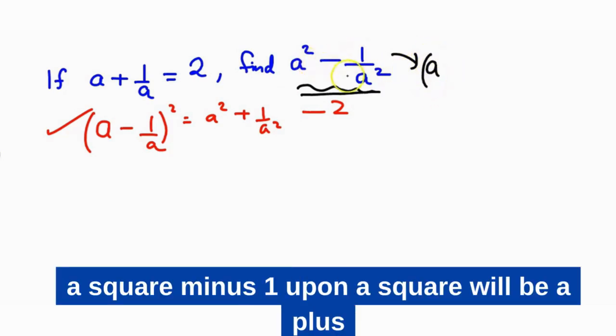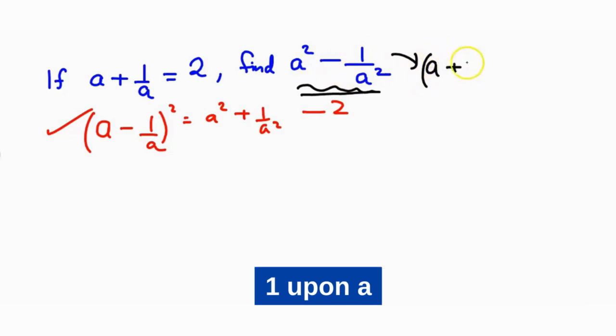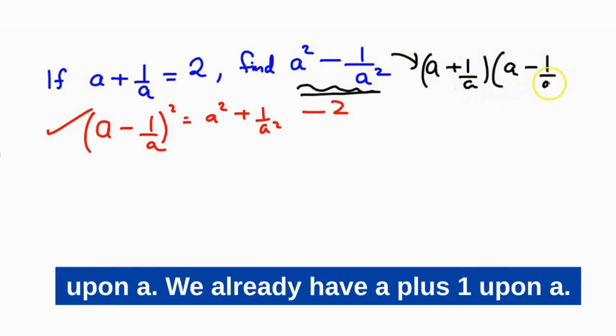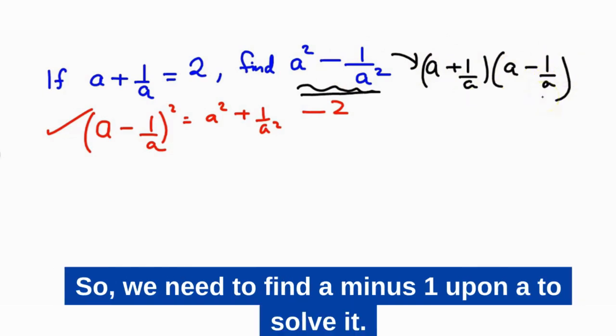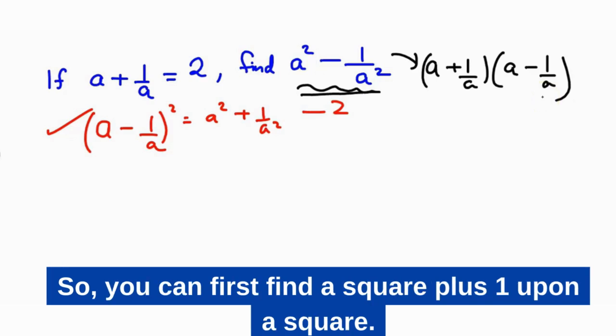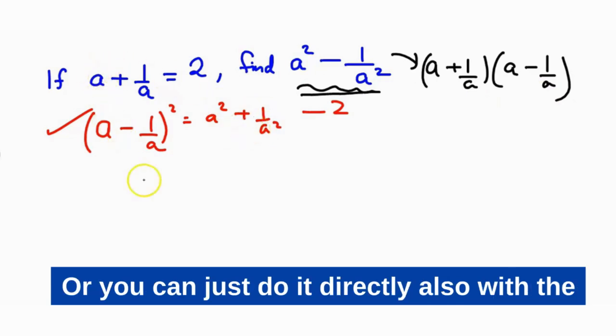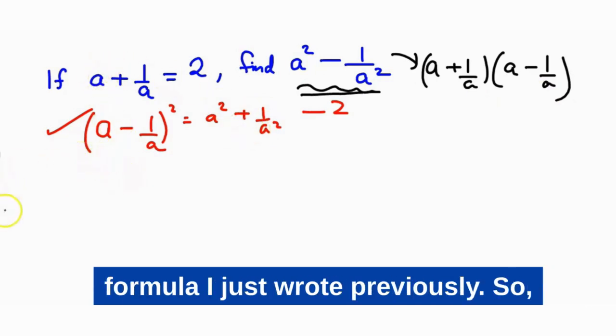So A square minus 1 upon A square will be A plus 1 upon A multiplied by A minus 1 upon A. We already have A plus 1 upon A, so we need to find A minus 1 upon A to solve it. So you can first find A square plus 1 upon A square, then put the value here to find this. Or you can just do it directly with the formula I just wrote previously.